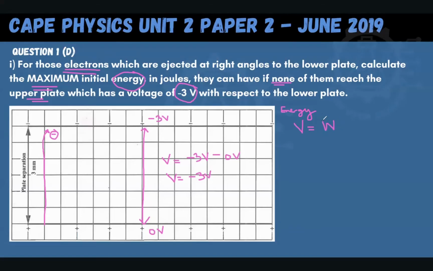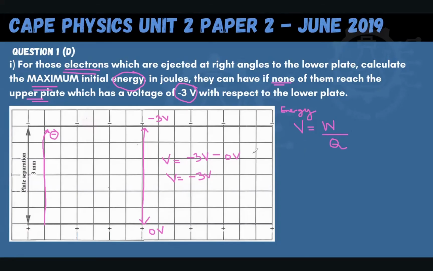Which can be used interchangeably as energy, because the change in kinetic energy is the work done, right? And so if we're going to find energy, we can say that the volt is equal to the work done over the charge, right?